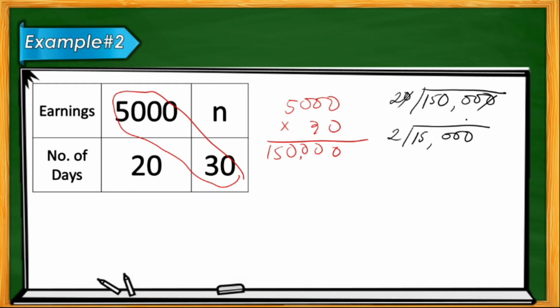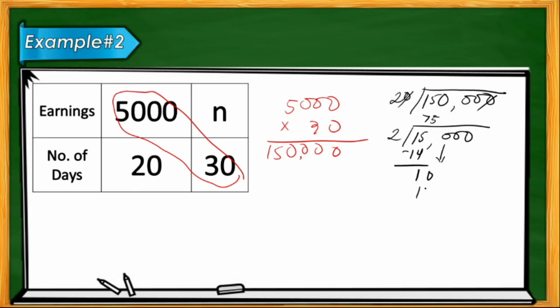So this would be the shortcut way. So 15 divided by 2, the answer would be what? 7. 7 times 2, the answer is 14. Subtract, 1. Then bring down 0. 10 divided by 2, the answer is 5.